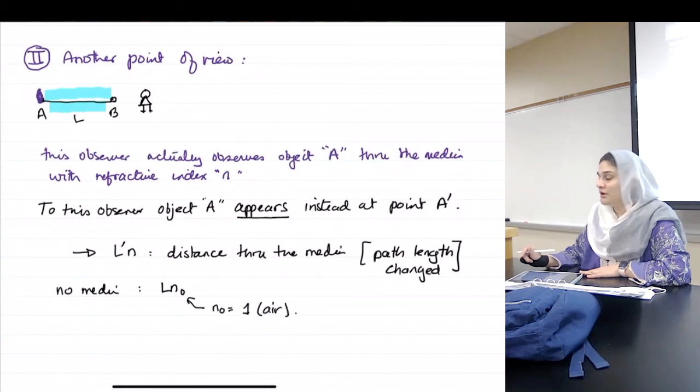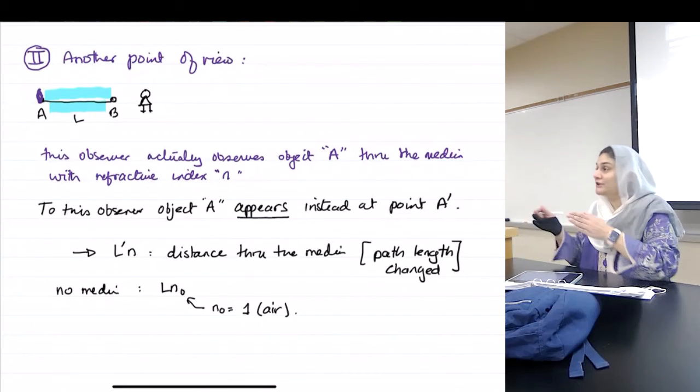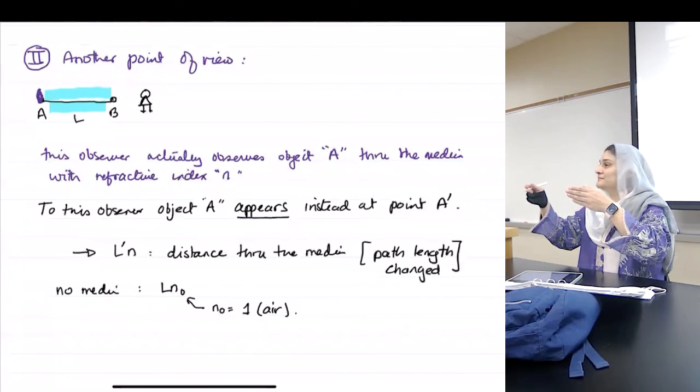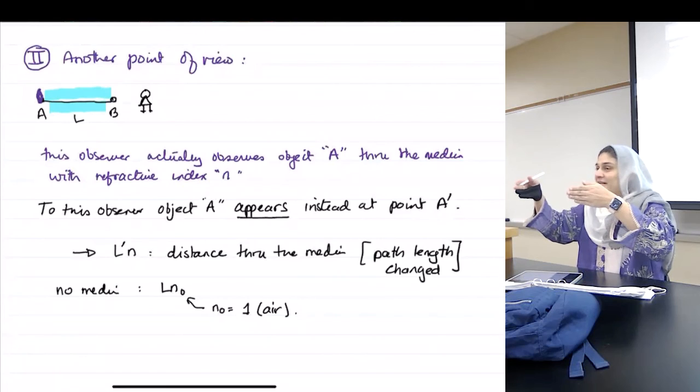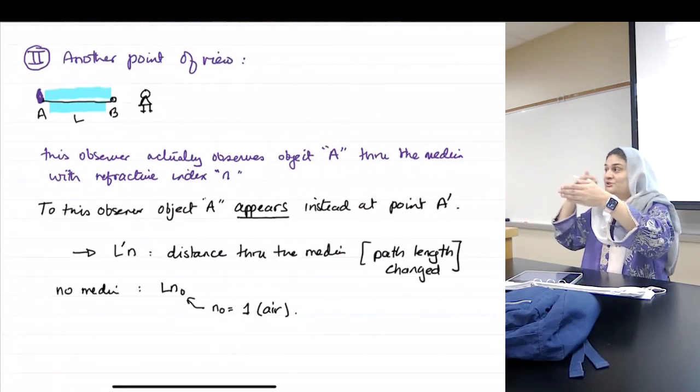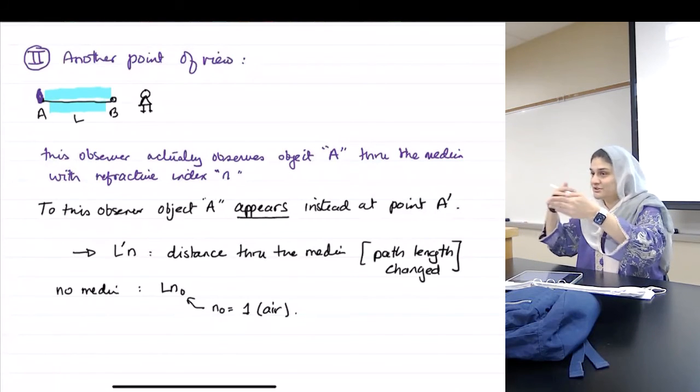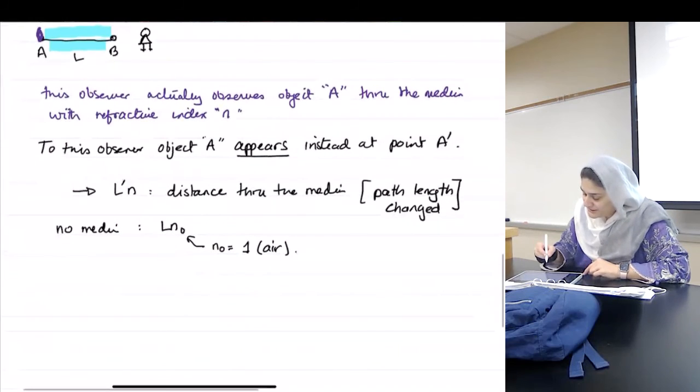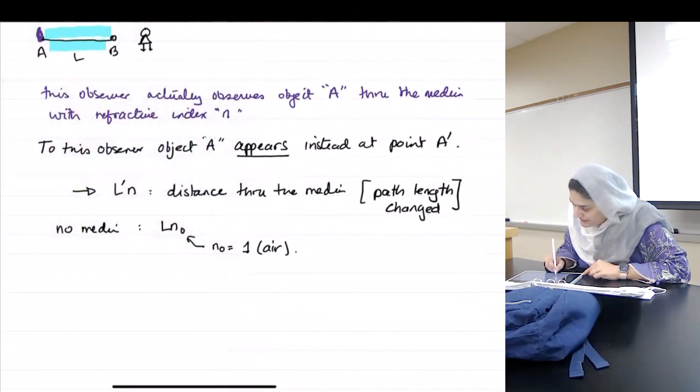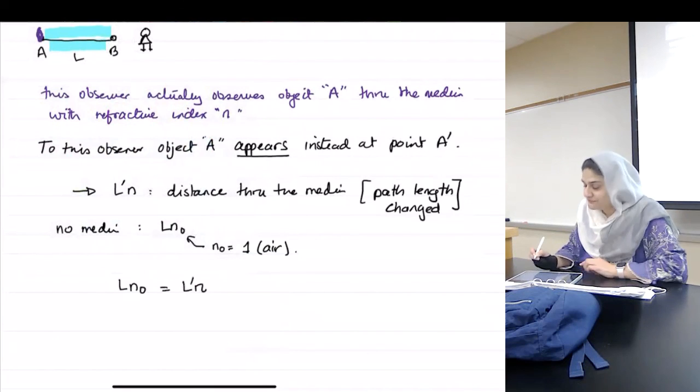However, I do know that in reality, both of these should be equal to each other, correct? Because the actual distance did not change. The L didn't change, physically did not change. It's just that the observer observing it has changed. So that means I can write Ln0 is the same as L prime n.